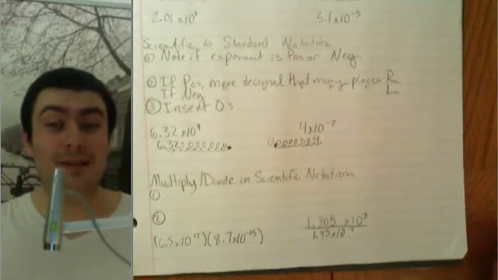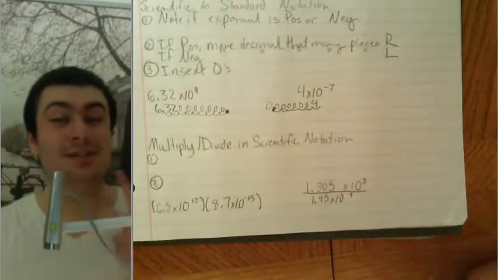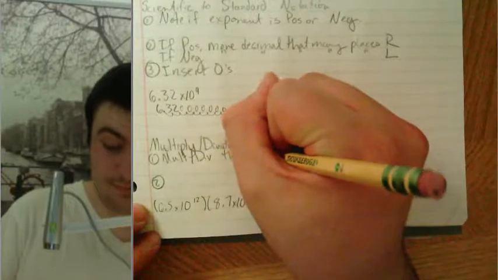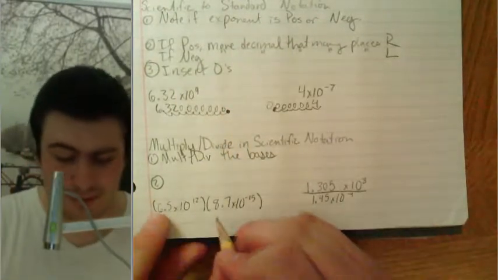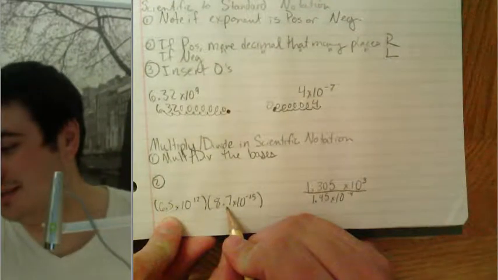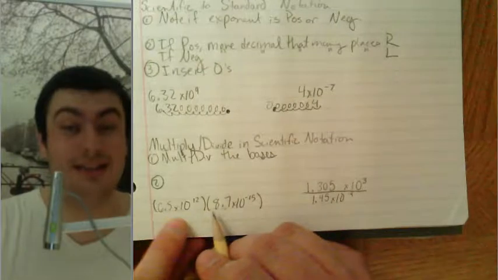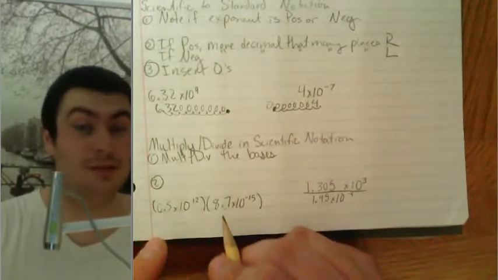Now, if we're going to multiply or divide using scientific notation, we need to do this in 2 steps. First, we're going to multiply or divide the bases, and "bases" probably isn't the right term. We're going to multiply this first term here, our number that's always between 1 and 10.